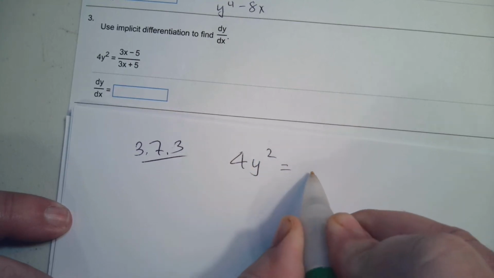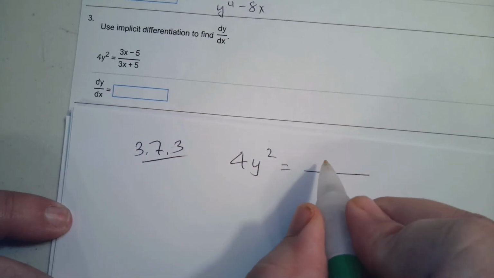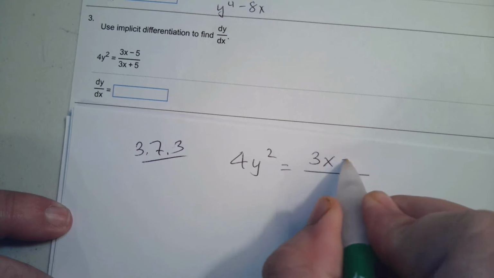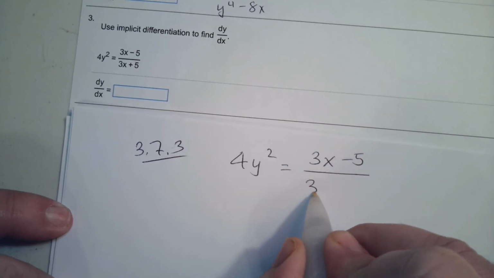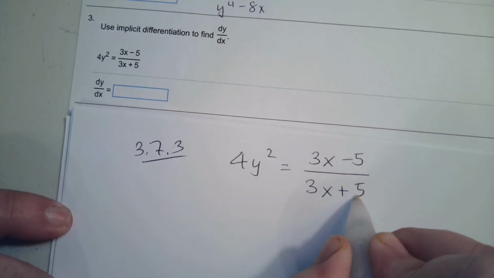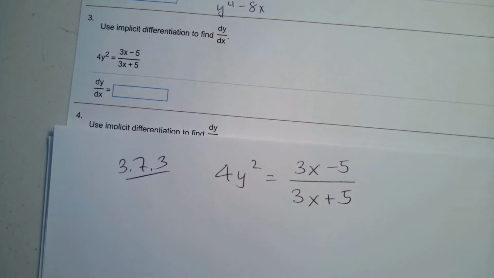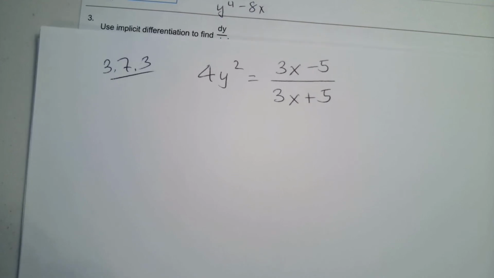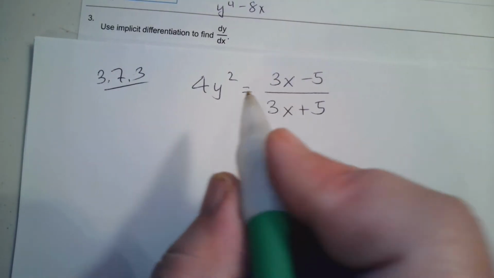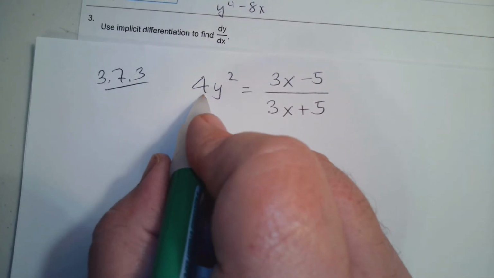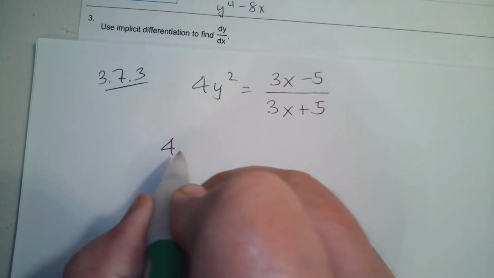4y squared equals 3x minus 5 over 3x plus 5. Take derivatives of the entire function. So it's constant, leave alone.